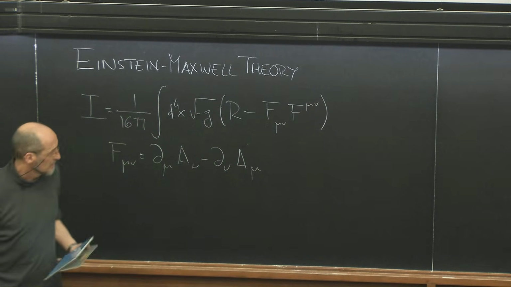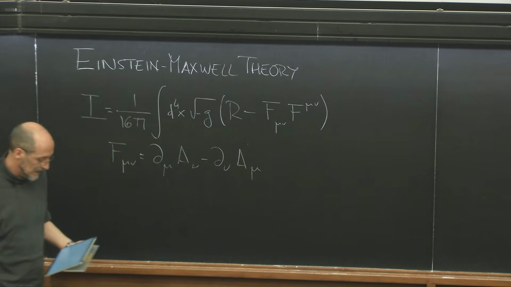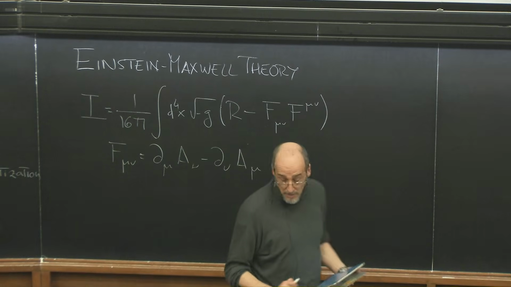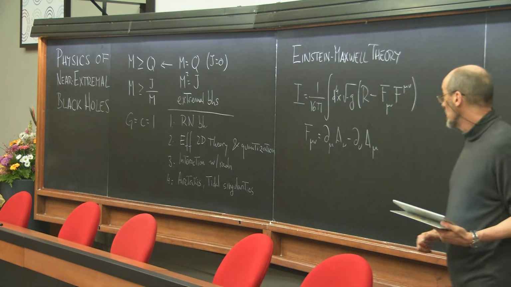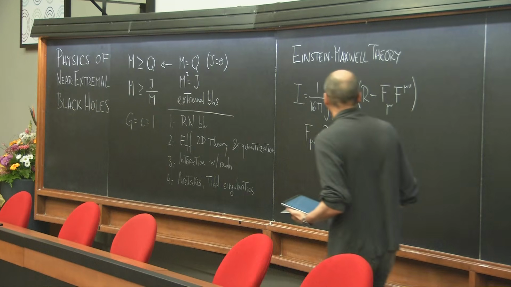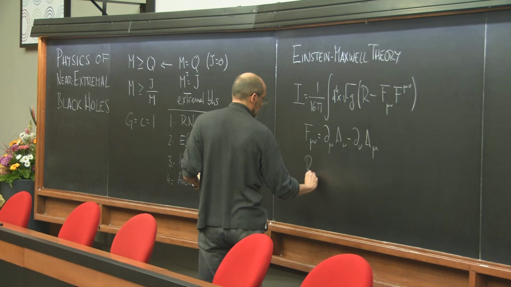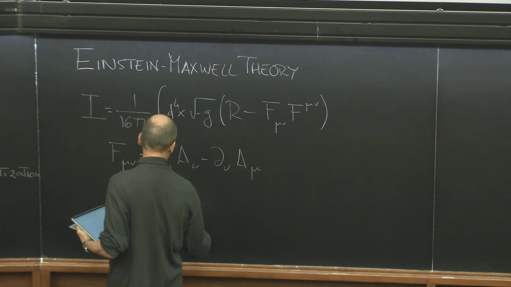Okay. As I say, I'm taking units where G and c are set to 1, and we will be measuring charge in units of length. The equations that you derive out of this, let me write them out. Roberto? Yes? So you're setting e to some value.